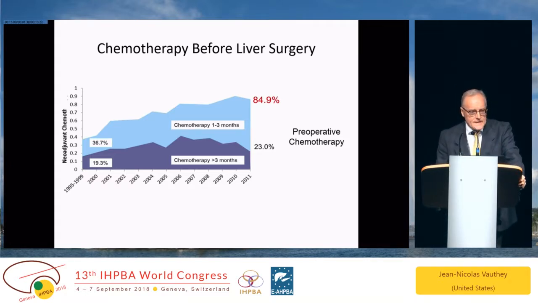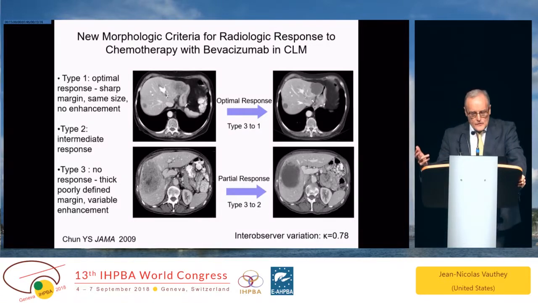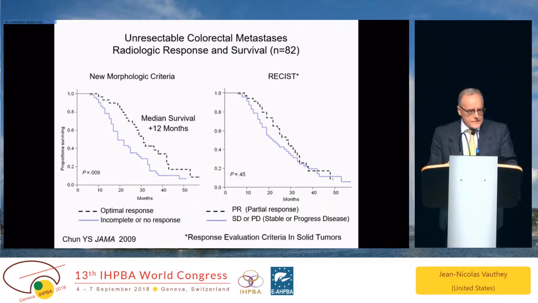Now, 95% now at our institution preoperatively is the way it's going, and it's irreversible. So one thing you can do already, you can infer about the biology by looking at the radiologic response, and you're all familiar with that, and you know that it's better than the RECIST, than the shrinkage.